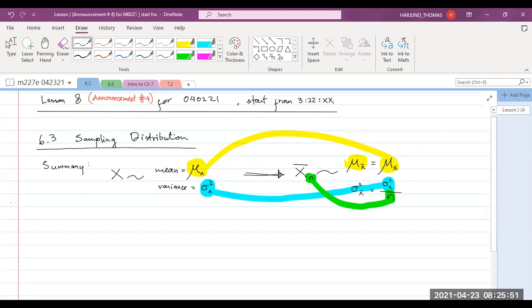Okay, so suppose for example, we have a population whose mean is 100, and then the variance, let's say, is 25 squared.